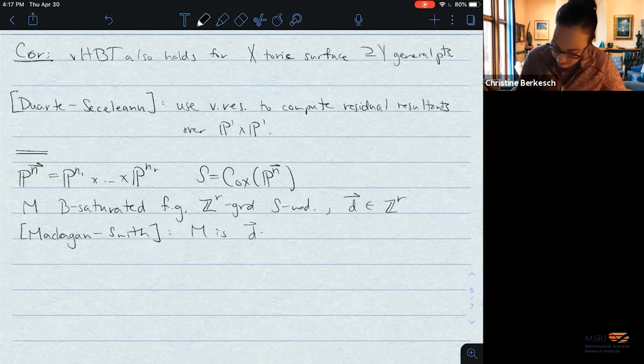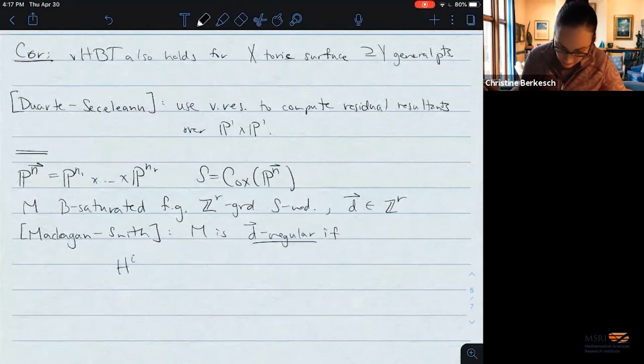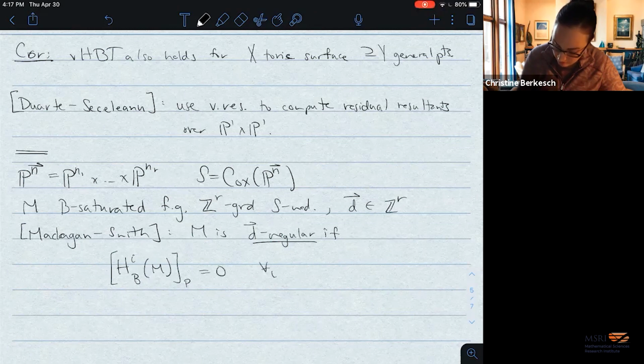So M is d-regular if, when I look at local cohomology supported in B in degree p, H^i_B(M)_p is 0 for all i at least 1 and for all vectors p in the following set.